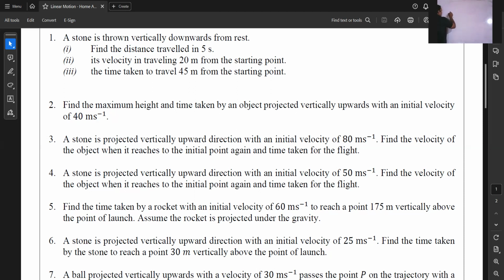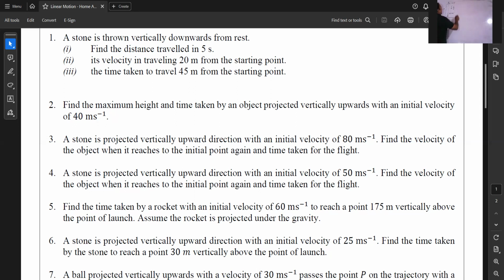Now, the initial velocity is 40 ms minus 1. You know, at the maximum height, velocity is 0. So you need to find maximum height. G is there, it is in downward direction. A to B, first you have to find the maximum height.